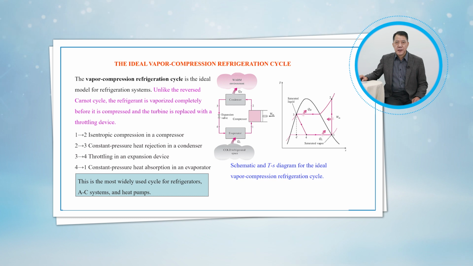The refrigerant enters the evaporator at state 4 as a low quality saturated mixture, and it completely evaporates by absorbing the heat from the refrigerated space. The refrigerant leaves the evaporator as saturated vapor and re-enters the compressor, completing the cycle.